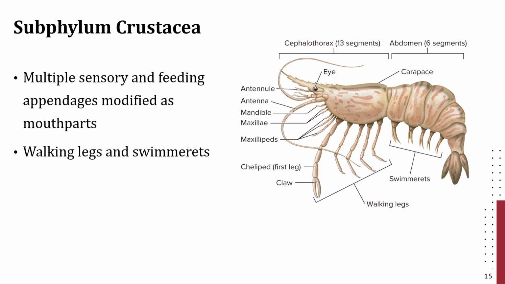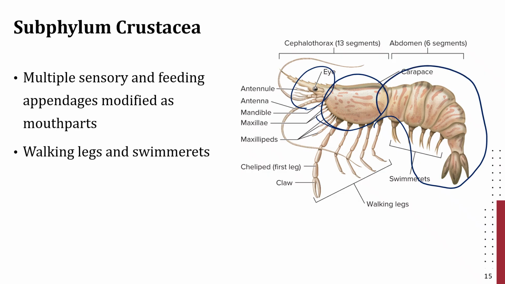They have walking legs, they have swimming appendages, they have lots of different sensory organs and modified mouth parts, all to help them interact in their environment. Again, they have an exoskeleton on the outside, and then the head, thorax, and abdomen with all of their specialized segments for movement.